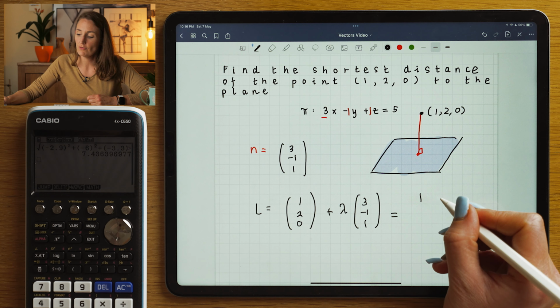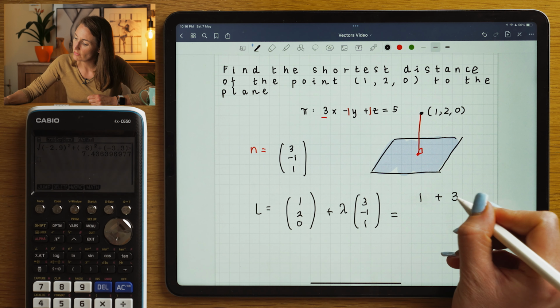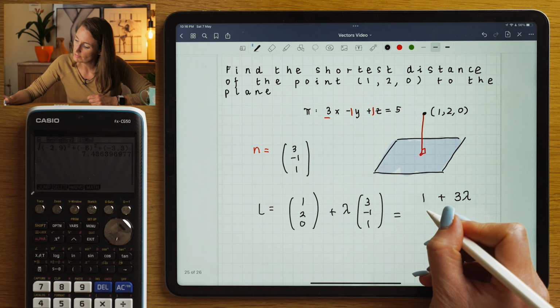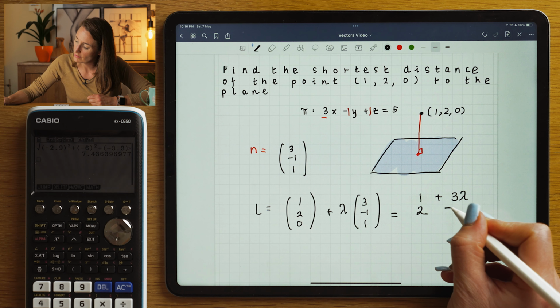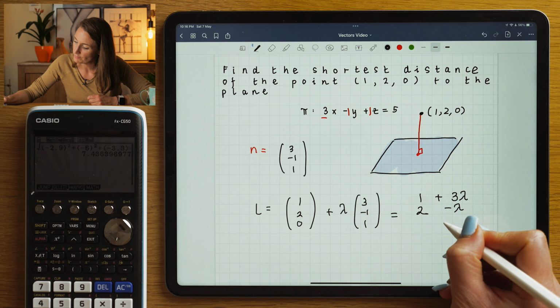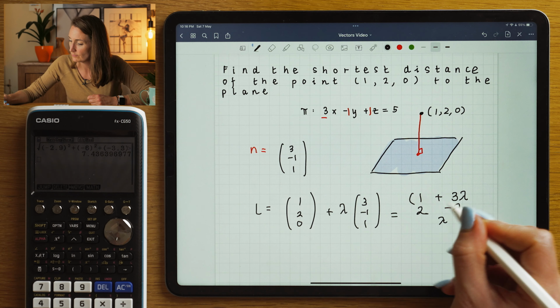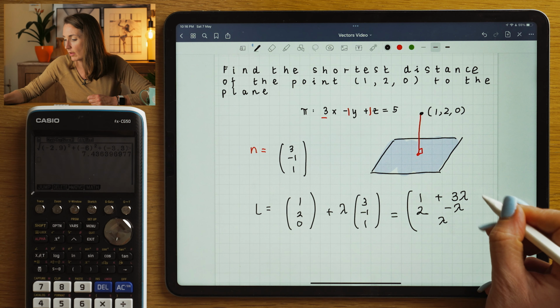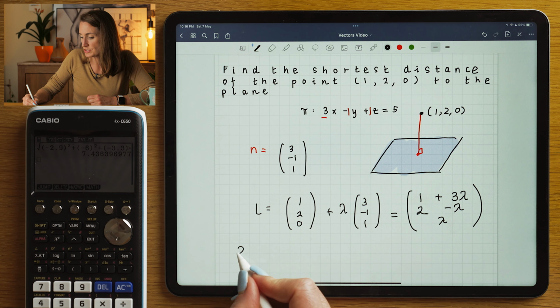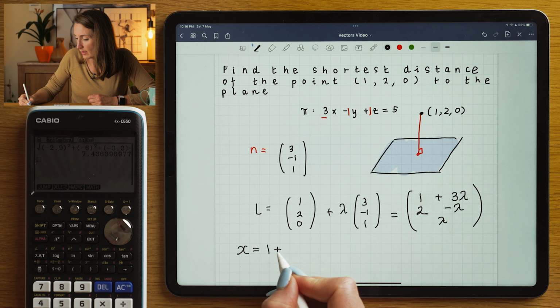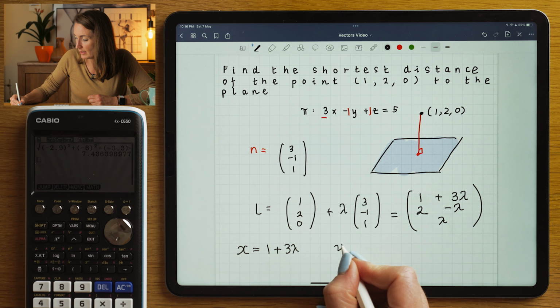Now, we know from previous videos that the best way, or the simplest way, to find the point of intersection of a line and a plane is to have your parametric equations and sub them into your plane.